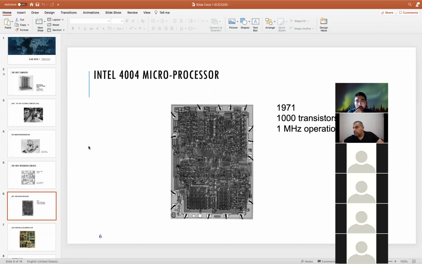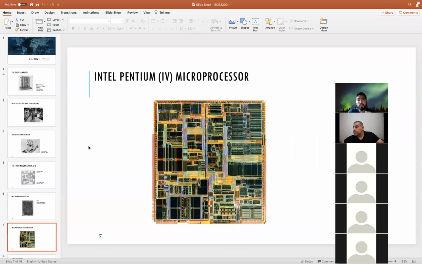An Intel chip. I think it was for a Japanese calculator maker. And some of this stuff is old, but again, the Intel Pentium chip was already in the millions of gates. And of course, now we have chips, I think the new AMD chips are billions of gates.